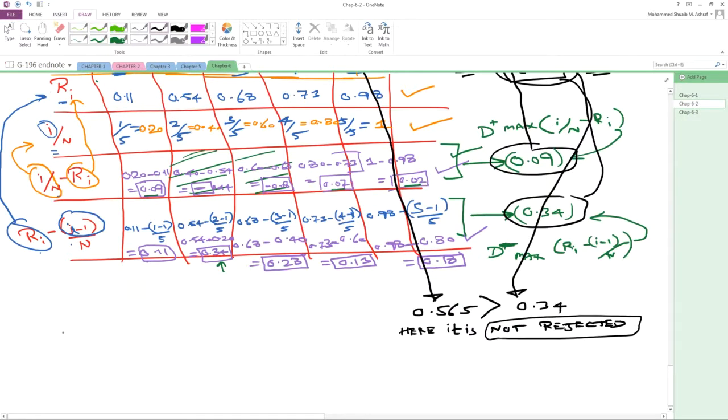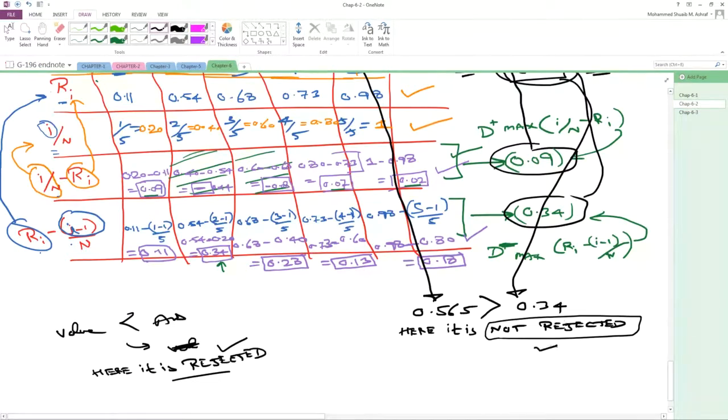If for example the value is smaller and your answer is bigger, then write here: rejected. If the answer is bigger, rejected.